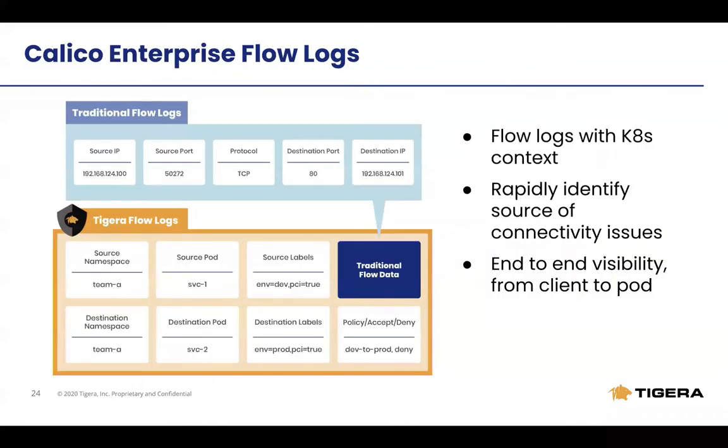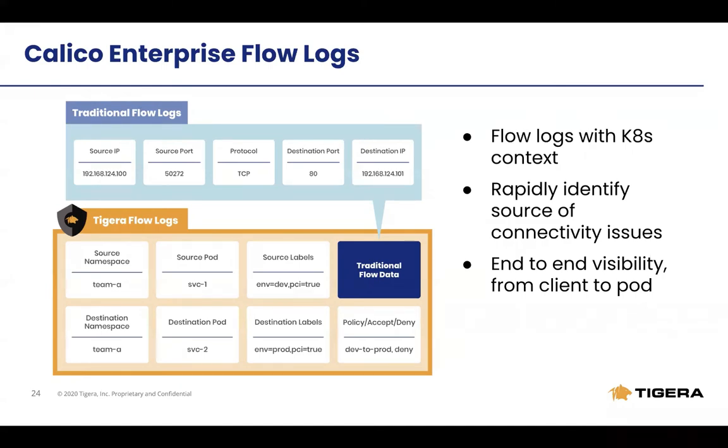The first way we do this is how we capture the traffic logs. If you're coming from a network or NetSec background, of course, you have to look at logs of the traffic to understand what's going on, whether you're doing active troubleshooting or analysis, or looking back at something that happened in the past. Typically, there's a 5-tuple traditional flow log that you're capturing: source and destination IP and port, and of course the protocol.